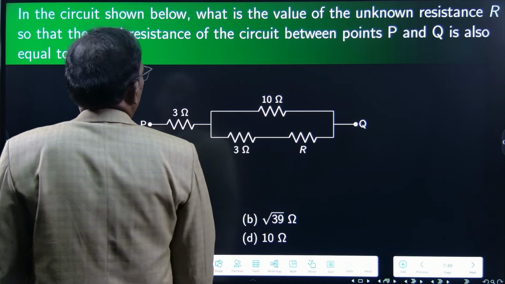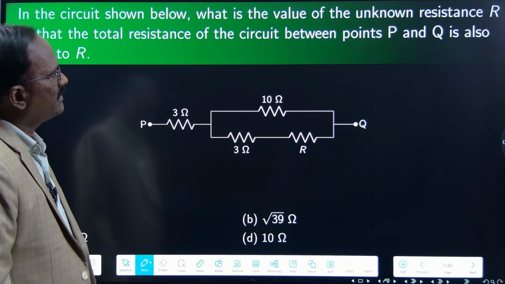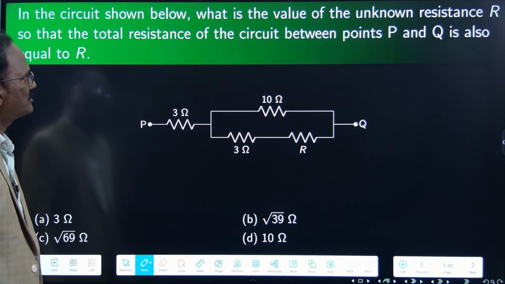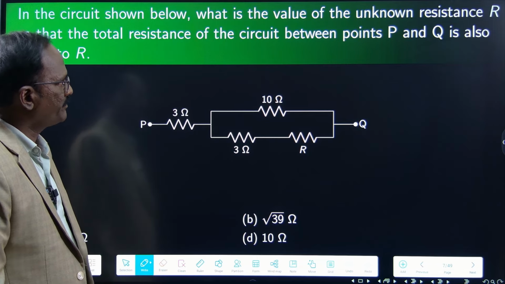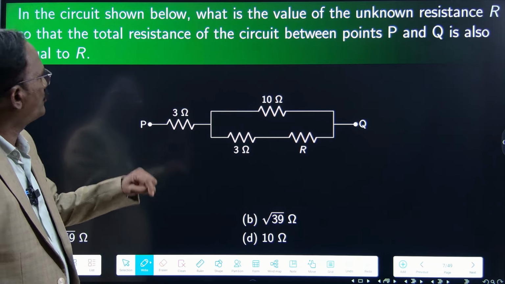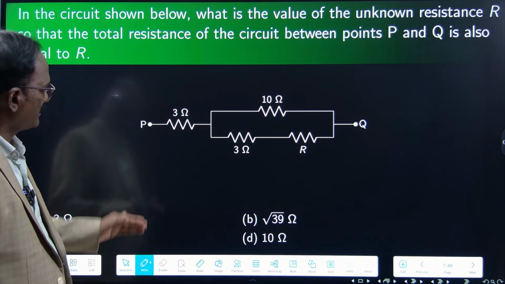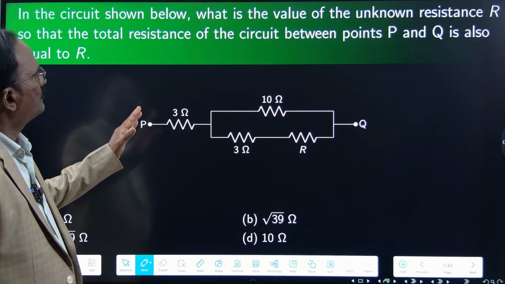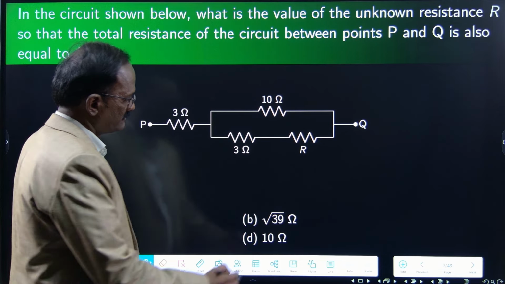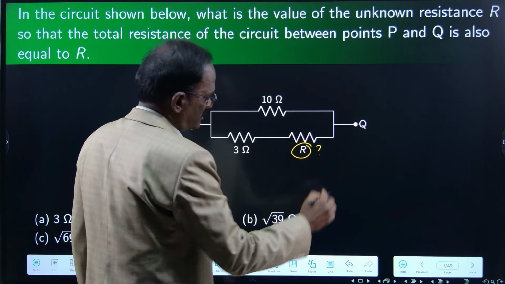In the circuit shown below, what is the value of unknown resistance so that the total resistance of the circuit between points P and Q is also equal to R, right? What is the value of unknown resistor? This value is in question.